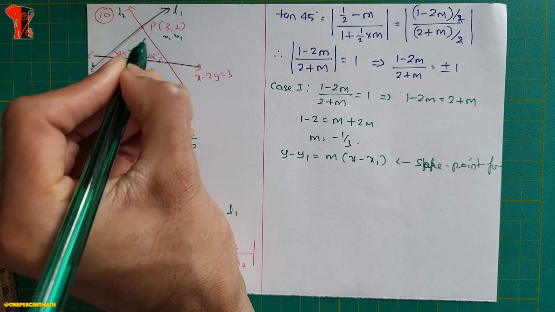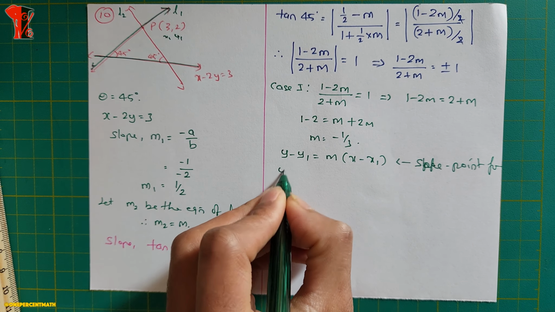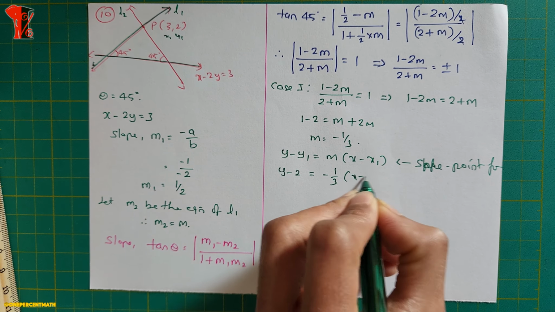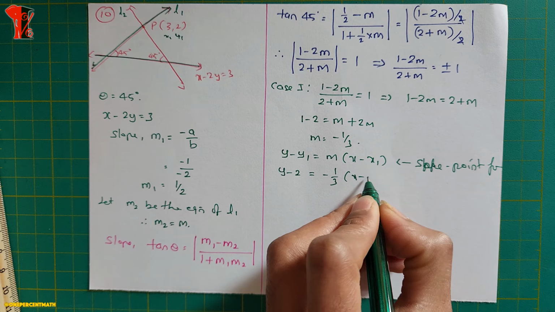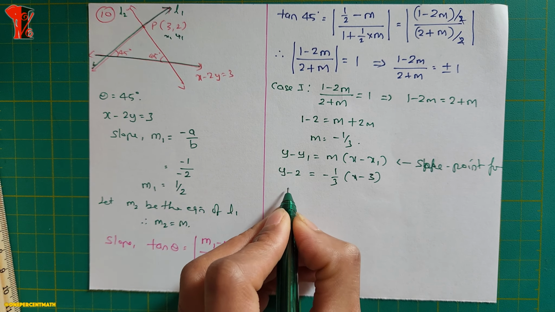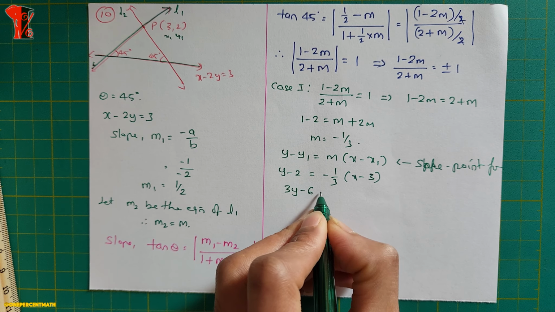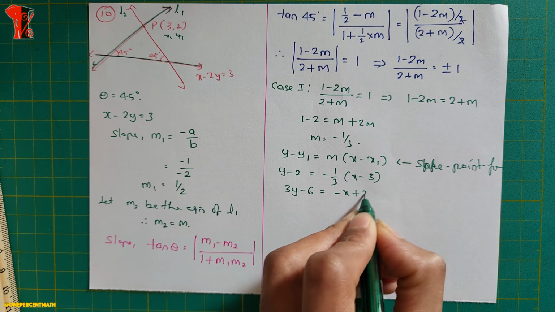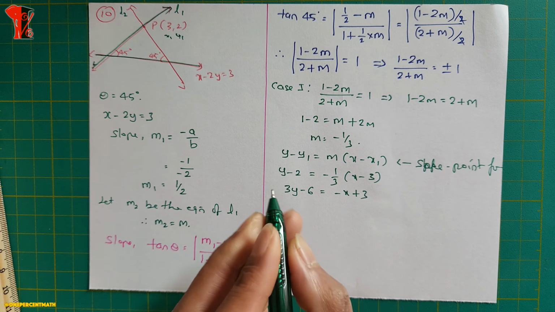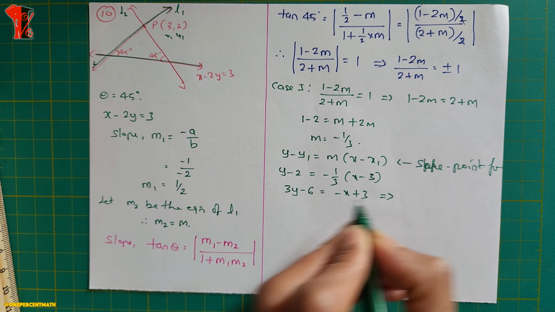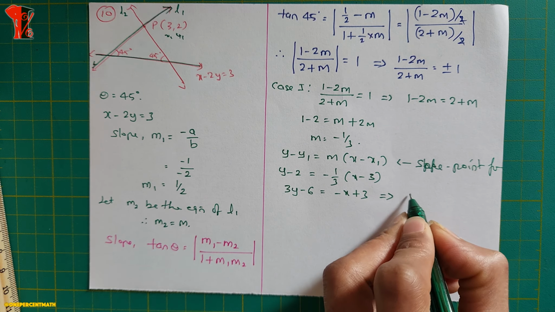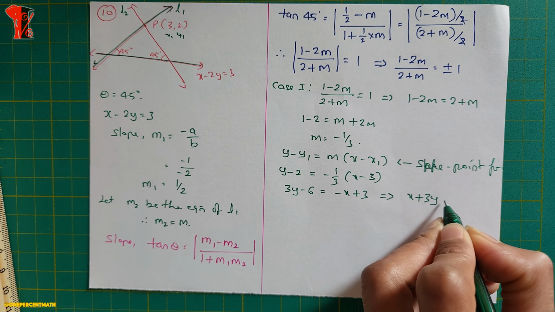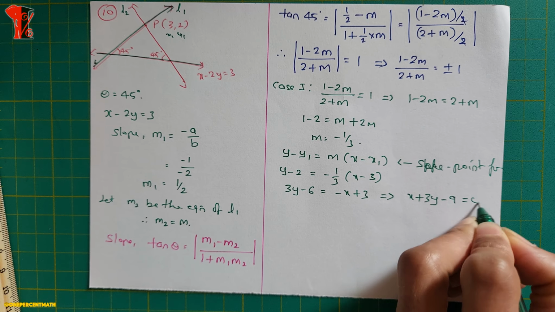So this is x1 and y1. Okay, so y minus 2 is equal to the slope, minus 1 by 3, into x minus x1. x1 is 3. Okay, solve it further. It becomes 3y minus 6 is equal to minus x plus 3. So simplify, rearrange into standard form. If you rearrange in the standard form, it's going to be x plus 3y, and I'm bringing 3 to the other side, minus 6 minus 3 gives minus 9, which is equal to 0.